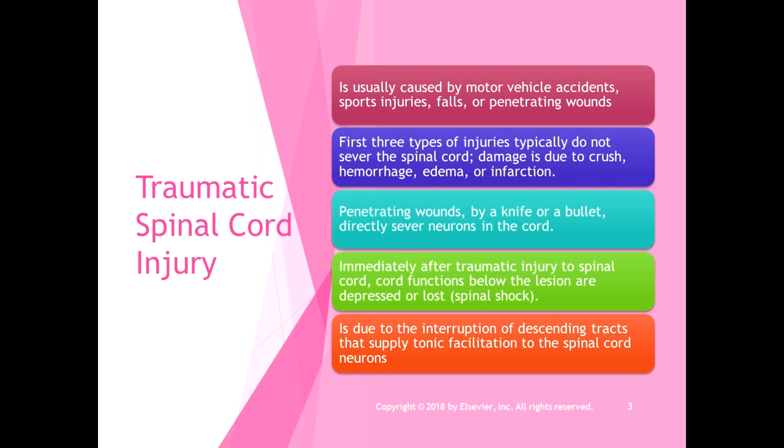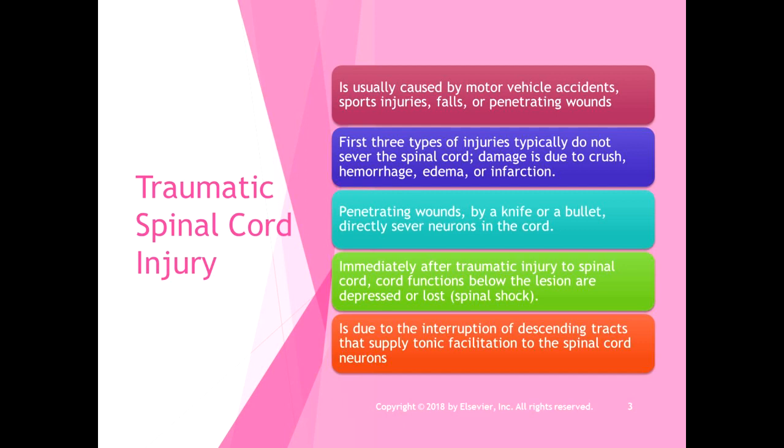So stretch, withdrawal, and cross extension reflexes are all lost during spinal shock. Autonomic reflexes are impaired or lost, and that includes bowel and bladder control and smooth muscle tone. Blood pressure regulation is impaired, causing hypotension. Thermoregulation is absent. Usually spinal shock resolves after several weeks.